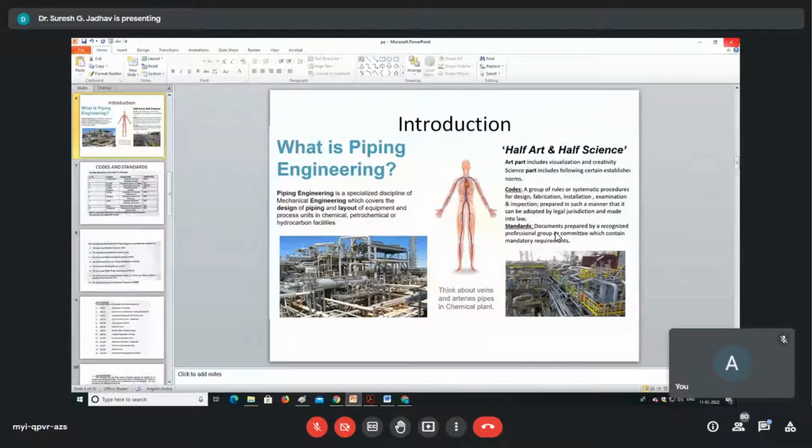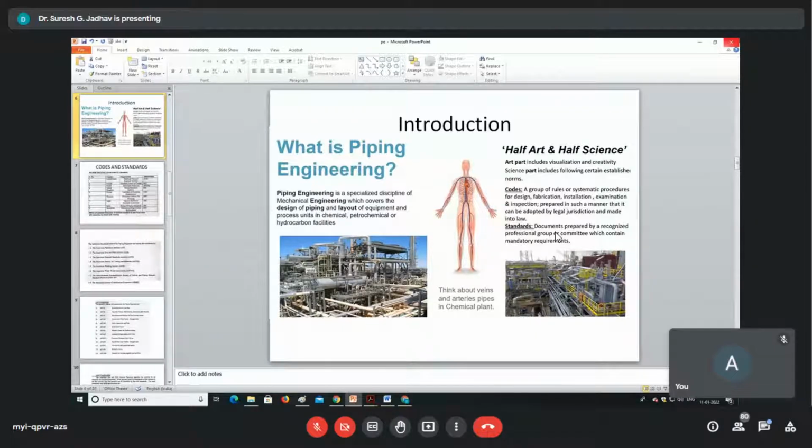Here the engineer can install, repair and maintain all kinds of pipes in chemical industries. Piping engineering is a specialized discipline of mechanical engineering. It covers the design of piping and layout of equipment and process units in chemical, petrochemical or hydrocarbon facilities.